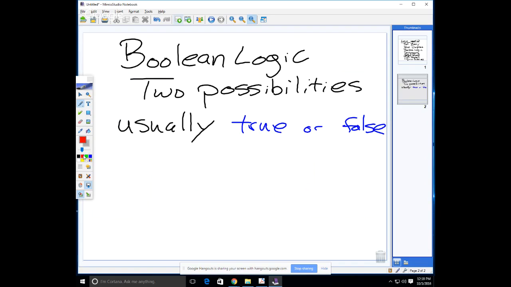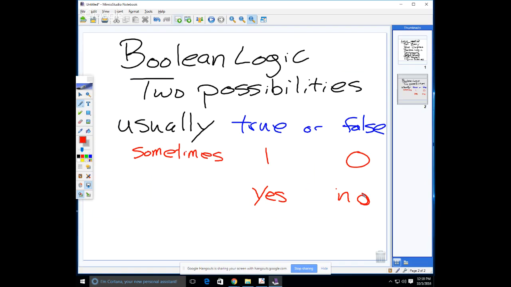Sometimes they can go by other names. Like in a computer, a true is usually a value of 1 and a false is a value of 0 on a computer. Could be a yes or a no. And the yes or no could be different.